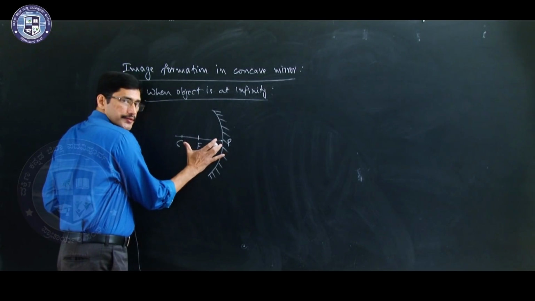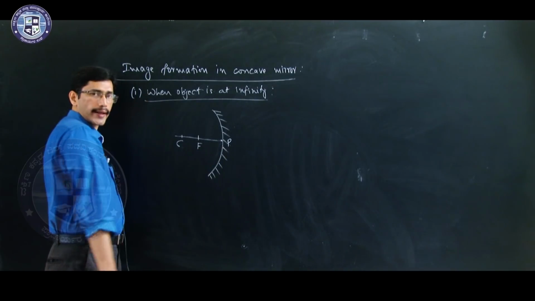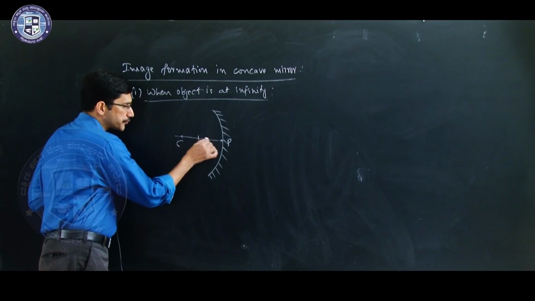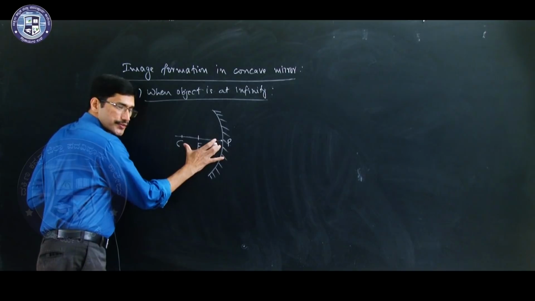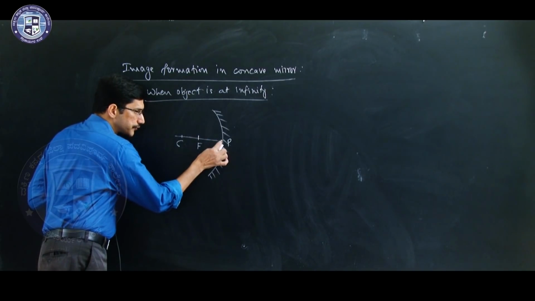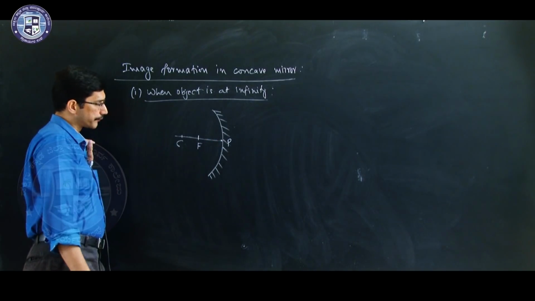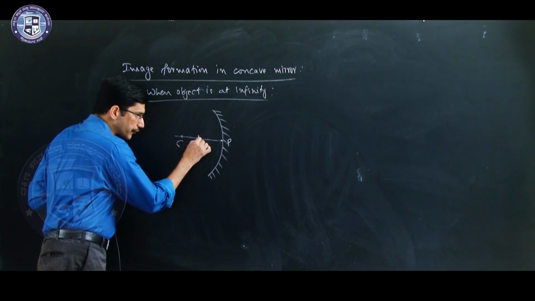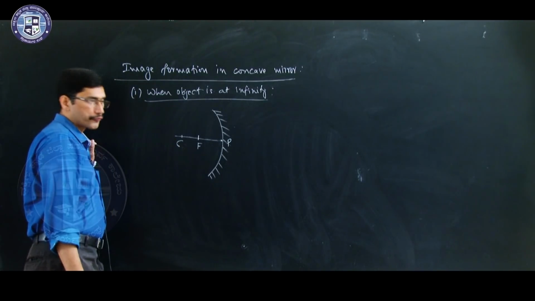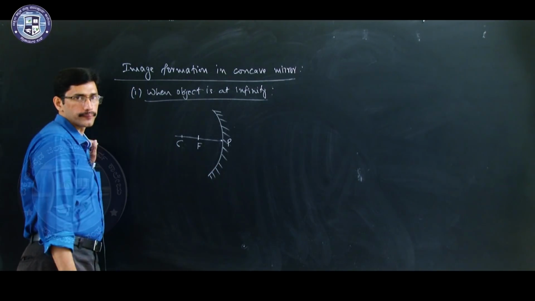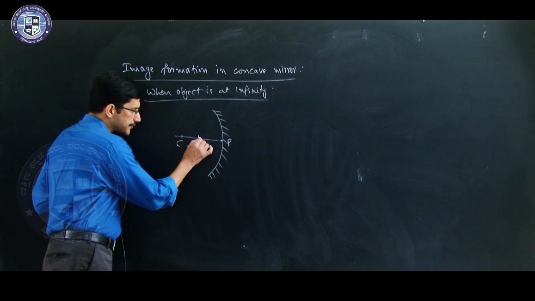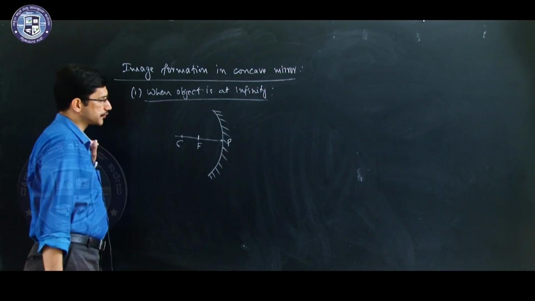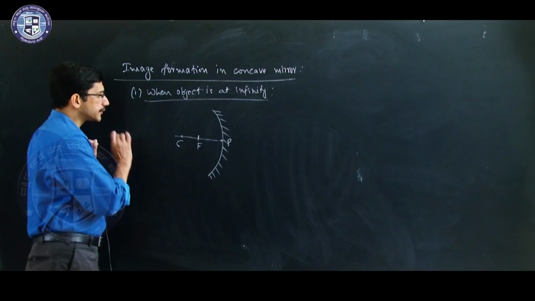Suppose you take the distance as 6 centimeter, let the focus be at a distance of 3 centimeter from the pole, and if you take this distance as 8 centimeter, let the focus be at a distance of 4 centimeter from the pole. So, maintain that distance so that you will get a better image.